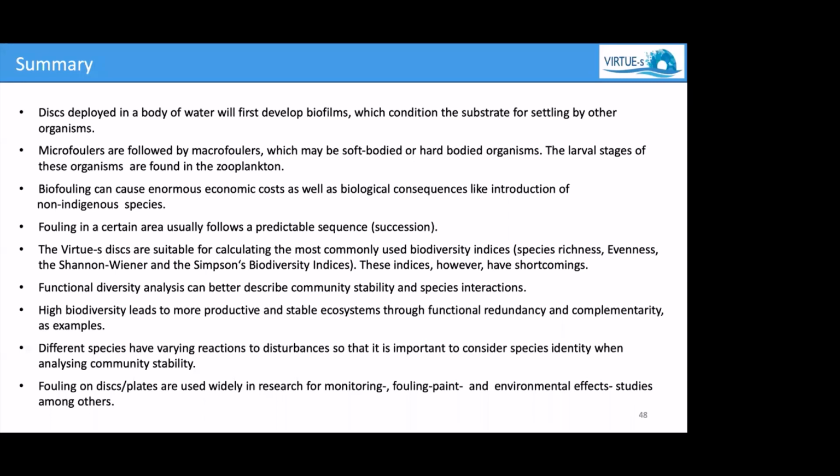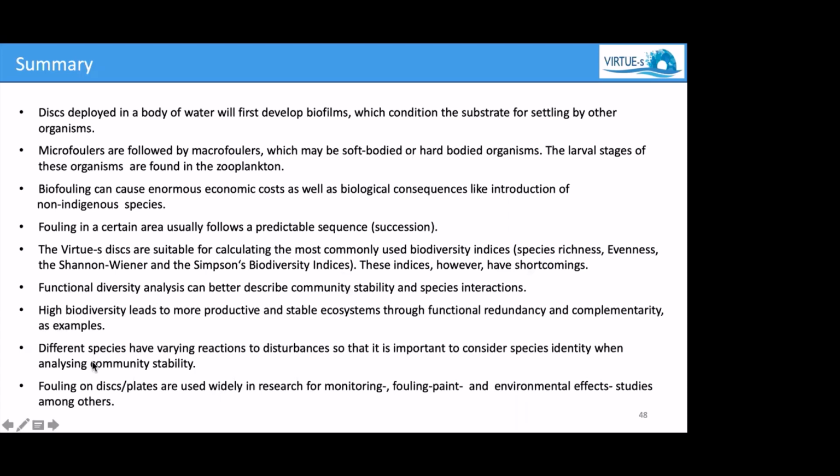These indices are enough for school, but it should be noted that they also have shortcomings. A functional diversity analysis better describes the community stability and species interactions.